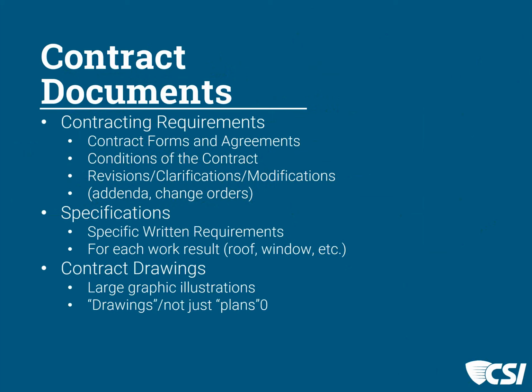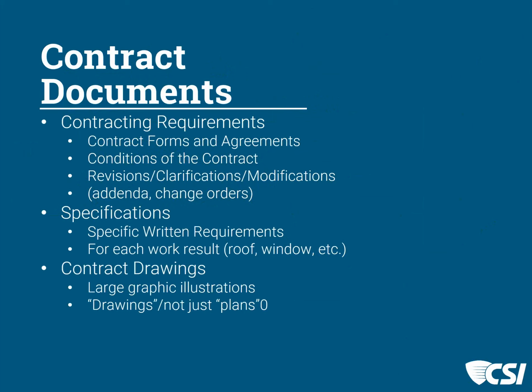Then would follow our specifications, the written requirements for the work that is going to be performed. And those are, of course, broken down into each work result. For example, the roof, the windows, etc., that are involved with the project. So those specifications, understanding them from start to finish, from top to bottom, is a really important part for all of the team involved with the construction.